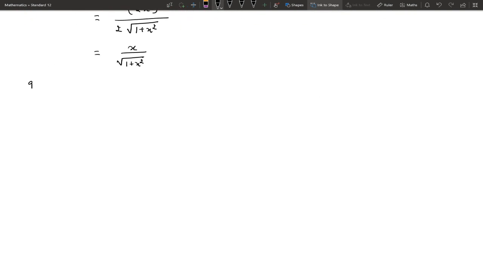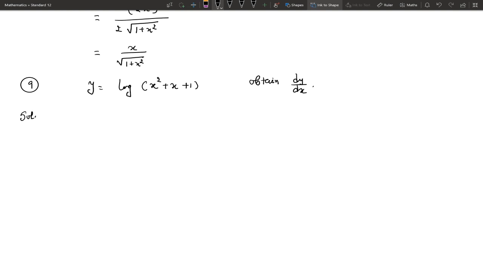Next we take y equal to log of x square plus x plus 1, obtain dy by dx.